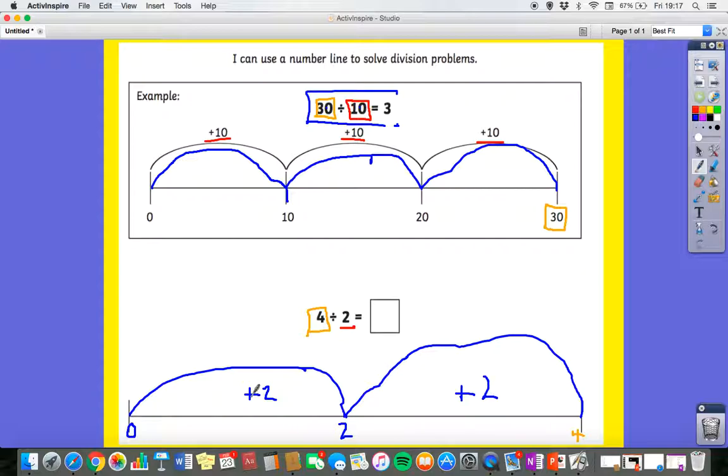Okay, so I did one jump of 2, and I did a second jump of 2, and I reached 4. So that tells me that 4 divided by 2 is however many jumps that I have completed. So how many jumps have I completed? 1, 2. So 4 divided by 2 is 2.